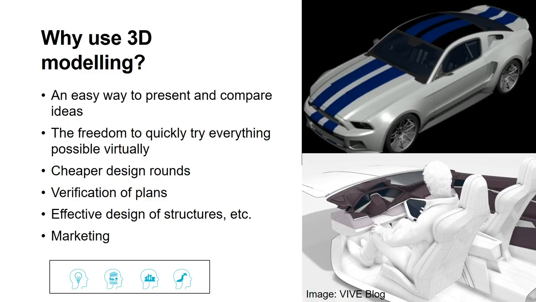So why would we want to use 3D modeling? In working life, when designing new goods or products, like here, even a new car, it is really important to first make all kinds of versions of the car quickly and then compare their pros and cons. When you see a 3D model from different directions, you can figure out what to edit and develop next.